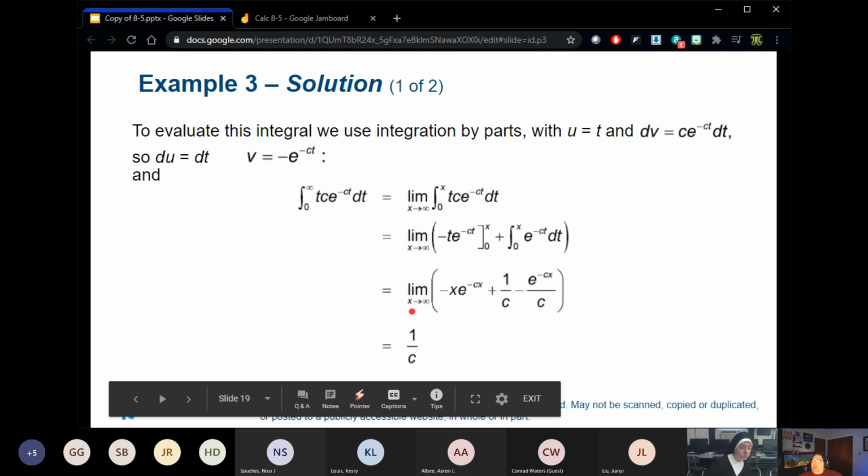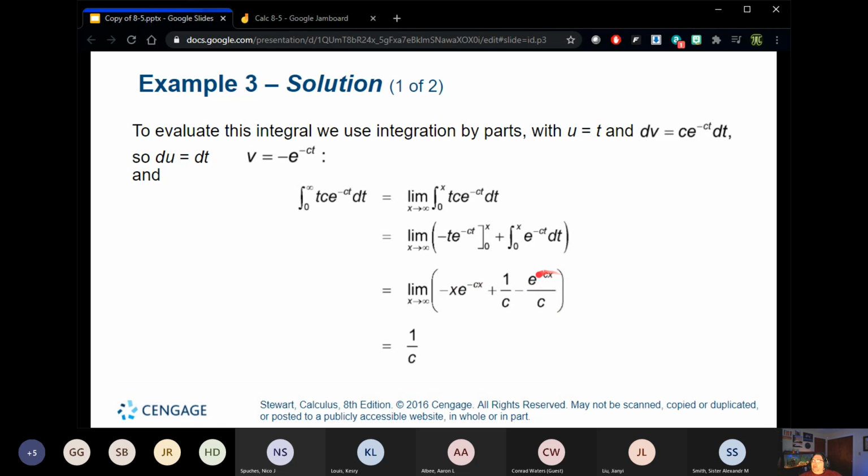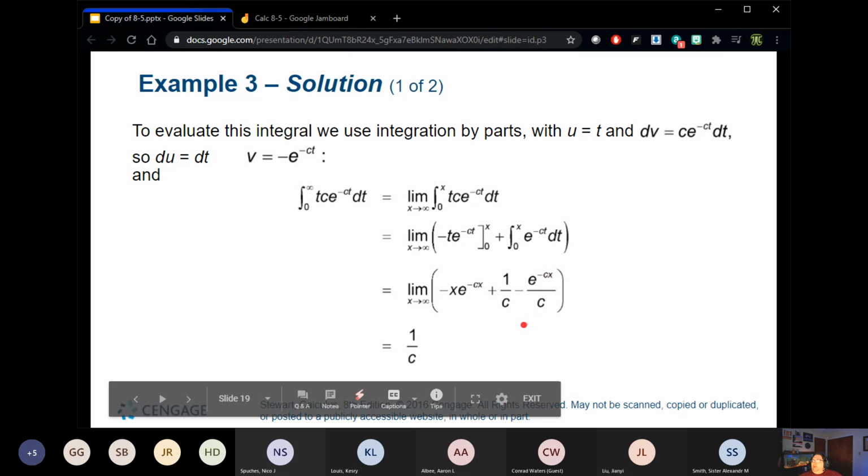As x goes to infinity, this piece right there and that part right there goes to 1. When I plug in the 0, that's going to disappear.